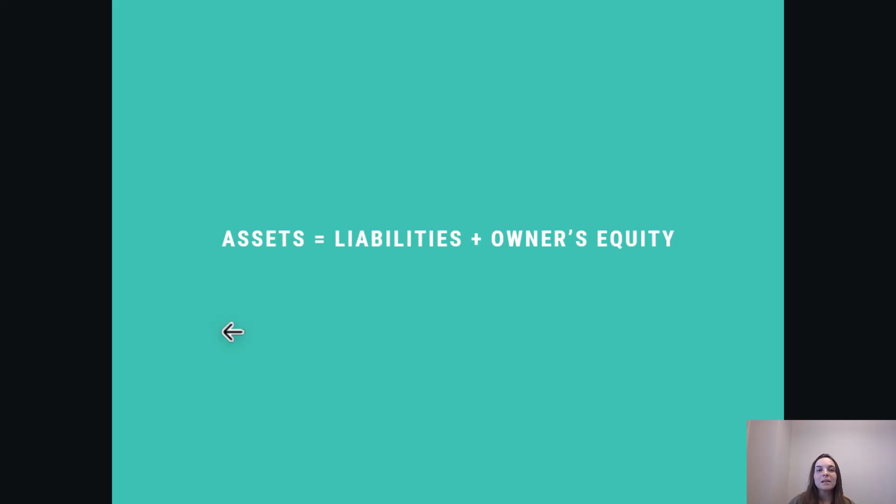Other liabilities that are extremely common are going to be amounts that we owe to our vendors. For example, perhaps I go to a vendor, I buy a lot of my inventory from them, and I say, I would like to buy my inventory. I don't want to pay you right away. I want to pay you in 60 days. And they do their homework and they say, okay, here you go. Here's 60-day terms. You're going to owe us money in 60 days. And so when I go to buy that inventory, I've received an asset, but then I've also created a liability.